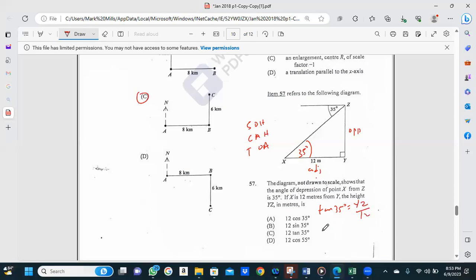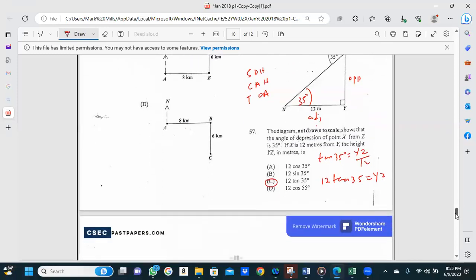Then I cross multiply: 12 tan 35 is equal to YZ. So my answer here is 12 tan 35. Clear?